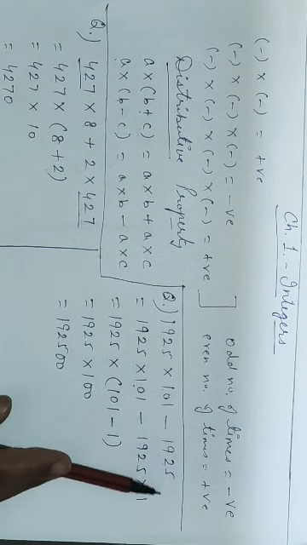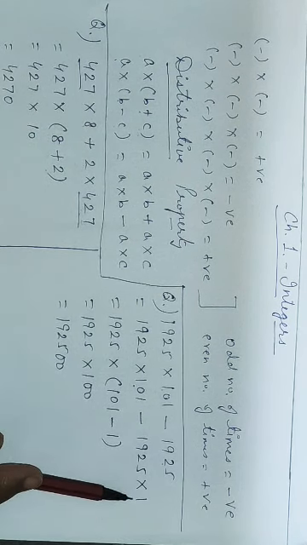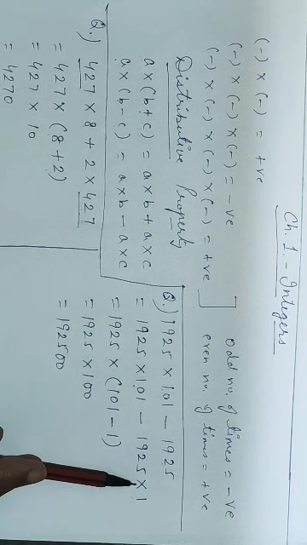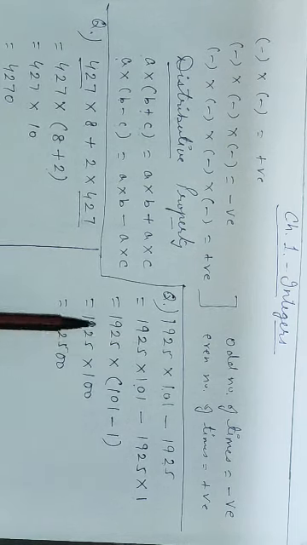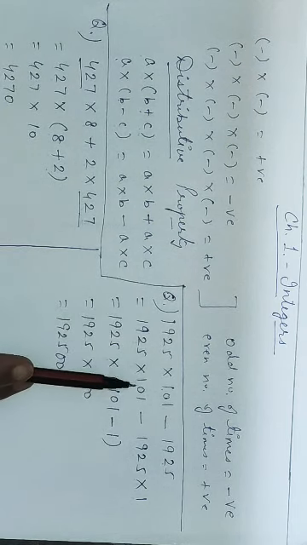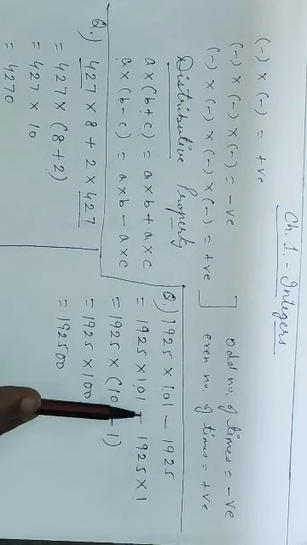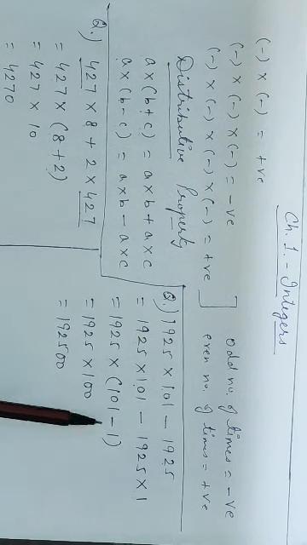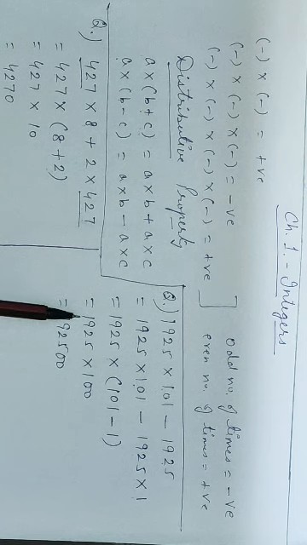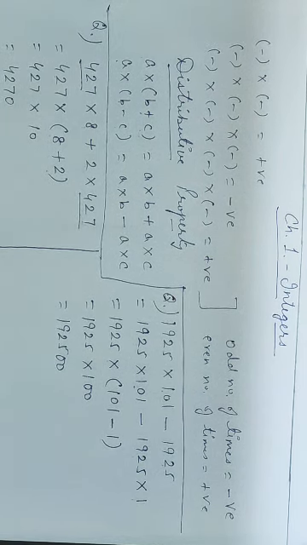So whenever we don't have any number, we can write 1 because we know that if we multiply any number by 1, it will not change the result. Then 1925 can be taken as common. From here, 101 is remaining, minus from here, 1 is remaining. 101 minus 1, the answer is 100. Then multiply 1925 by 100 and the result is 192500.